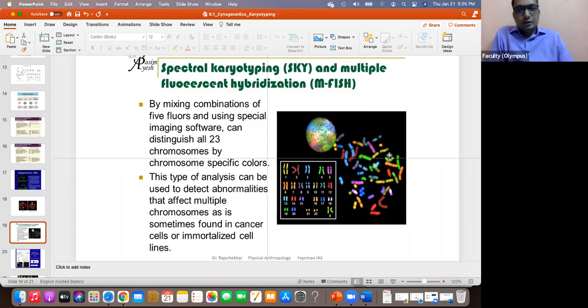And it is easy to detect. Because of the colored combinations, you can identify. It doesn't matter if chromosome 5 is here, you will not match it with chromosome 11, let's say. Because of the color patterns, human errors can be minimized here.